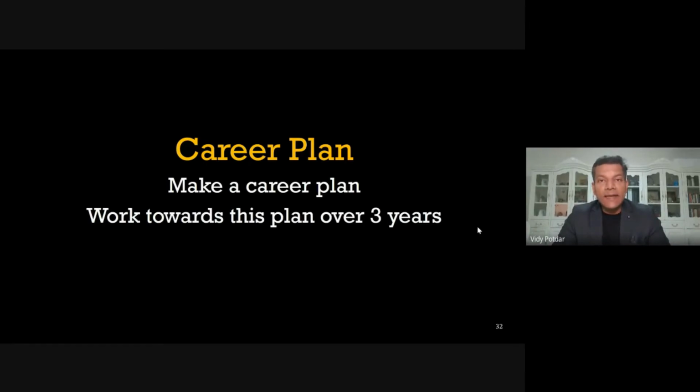But what you should ideally be doing is from year one, you have to think about what all things you need to do to get an academic position at the end of your PhD, if you're planning to be in academia, or if you're planning to go into industry, what things you should do that would make your CV appealing to the industry. So start thinking about it now, and make a plan for at least 3 years, so you can achieve what you need to achieve to get those targets.